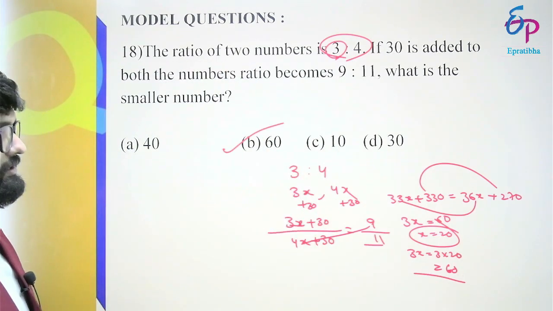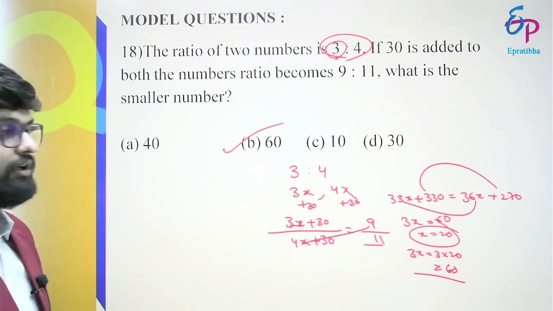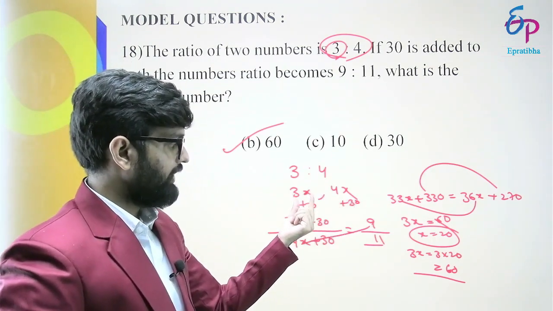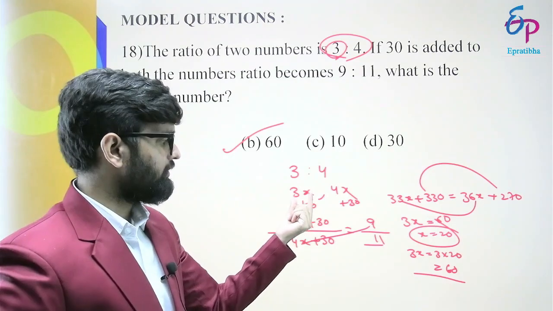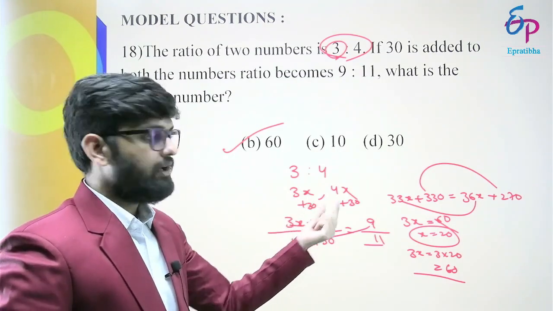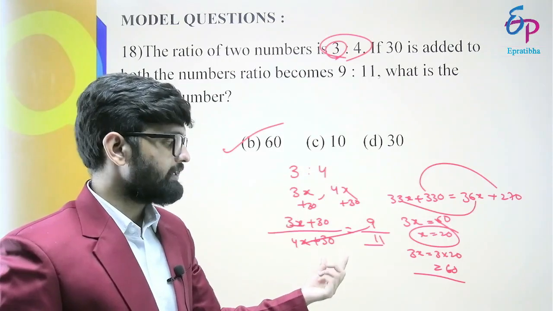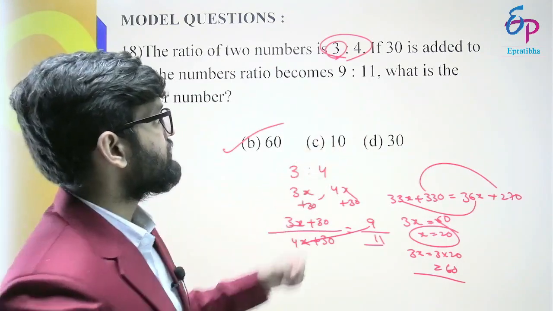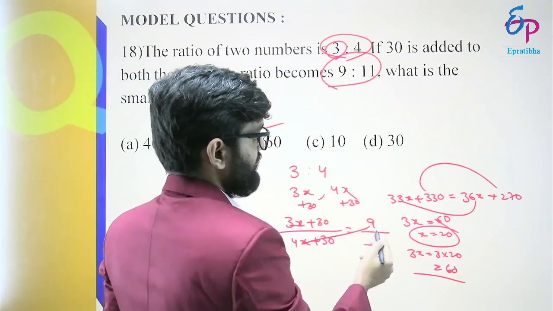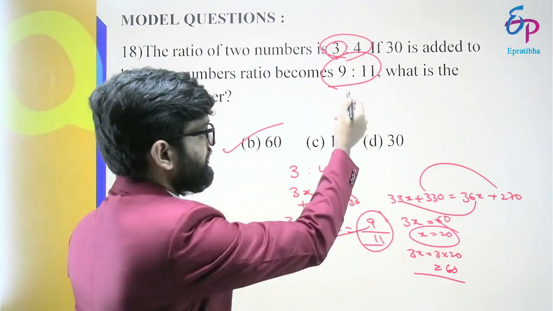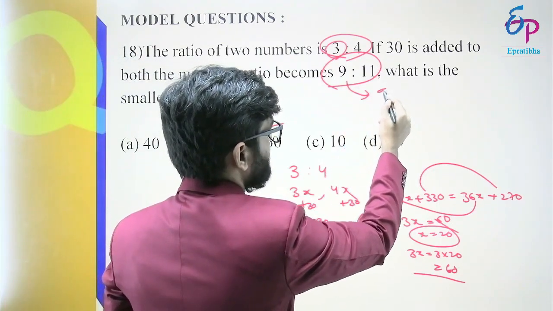So 3:4, you can denote as 3x and 4x. Whenever you add 30 to any number, 3x becomes 3x plus 30, and adding 30 to 4x becomes 4x plus 30, and the resultant ratio becomes 9:11. 9:11 is nothing but 9/11. Ratio is nothing but a fraction.